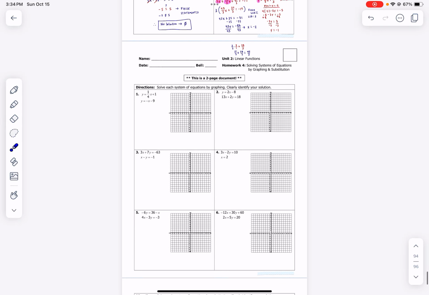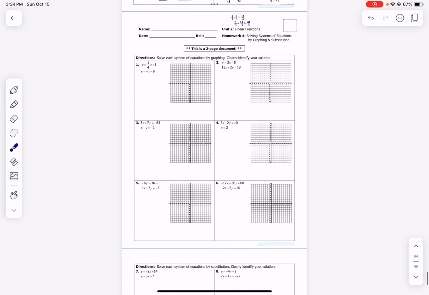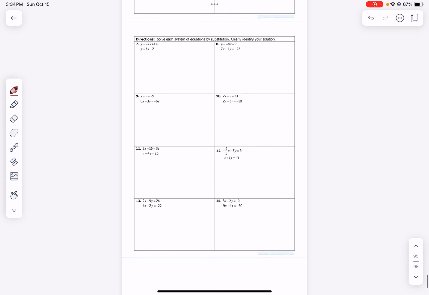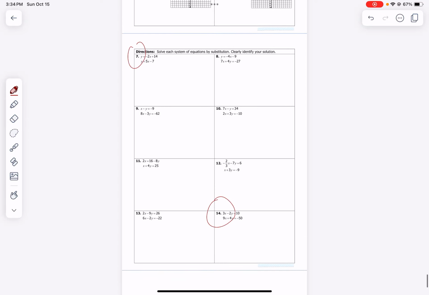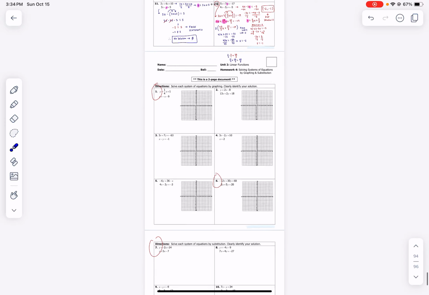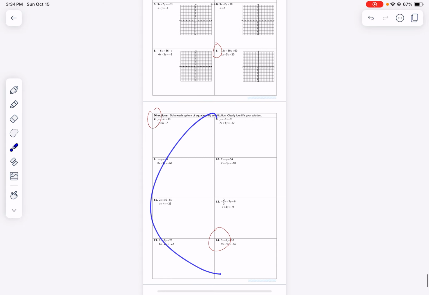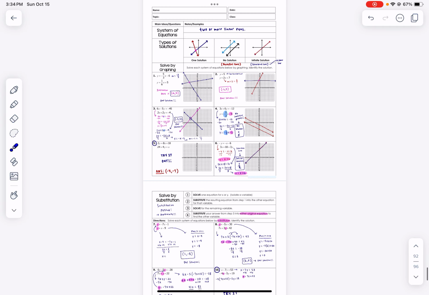So here is the homework assignment, which is attached to the in-class worksheet. I'm going to want you to complete example 1 through example 6, so all of this page, and example 7 through 14, so all of this page as well. So these two pages will be assigned for homework. And I will check them the next time I see you all on a Wednesday.